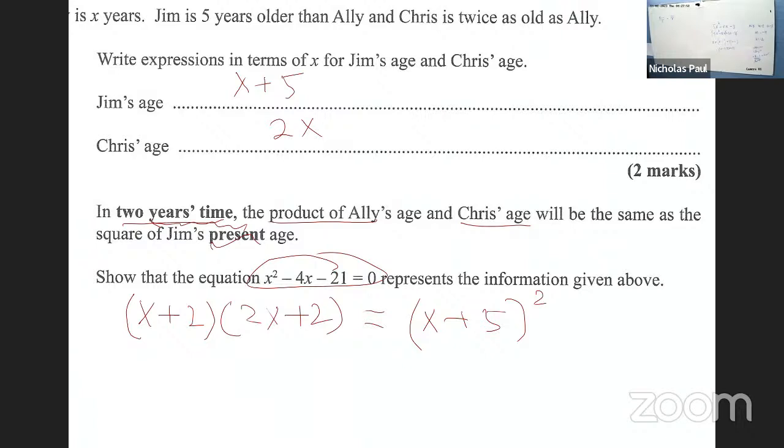Put together x squared minus 2x. It has to be x squared minus 4x minus 21.